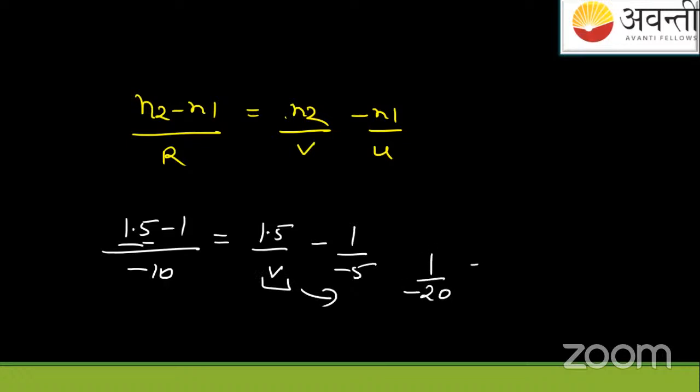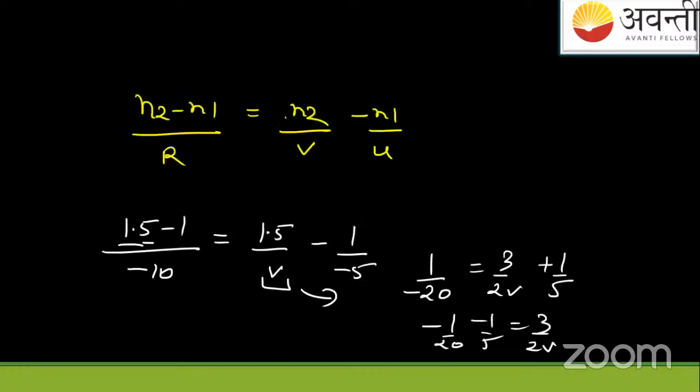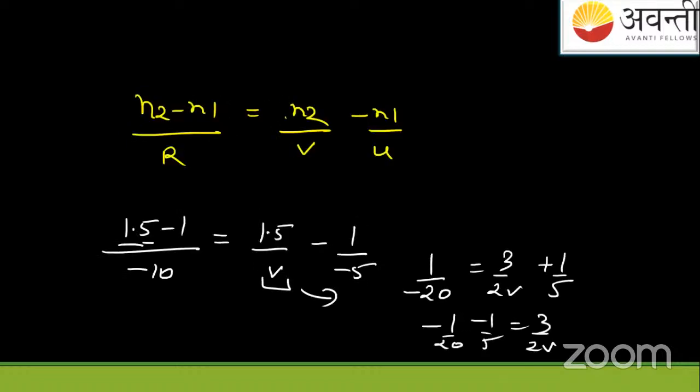Minus 1 by 20, 3 by 2V plus 1 by 5. This will give you the answer as minus 1 by 5, 3 by 2V. If you find V value, what will be the V value? So this is plus or minus. First of all, see the signs.